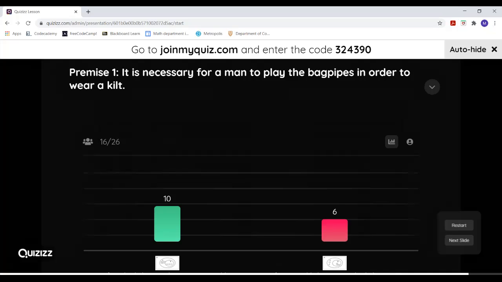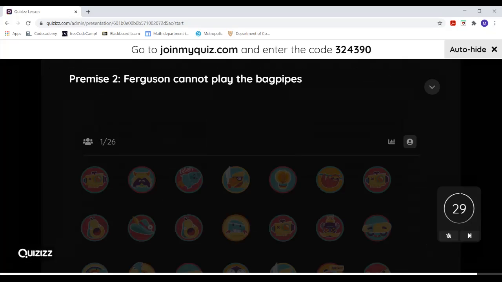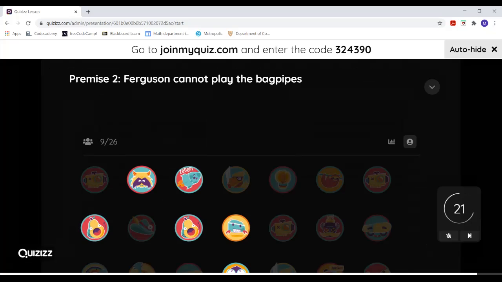Okay, we're at the next one. Ferguson cannot play the bagpipes. So if kilt, then bagpipes. I believe this is a Q statement, if that helps. So if he cannot play the bagpipes, what are we saying?